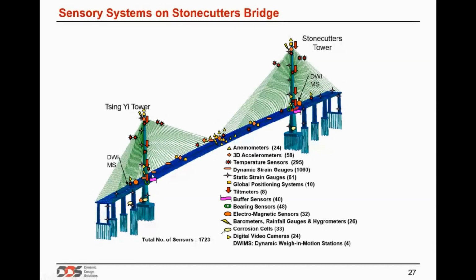So only 8 accelerometers on the bridge deck and 1 on each tower. So 8 accelerometers, but also 8 GPS systems.